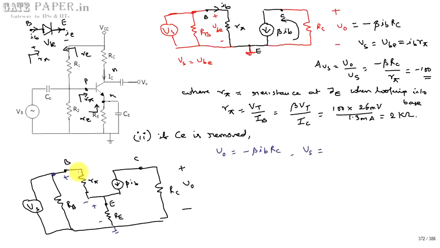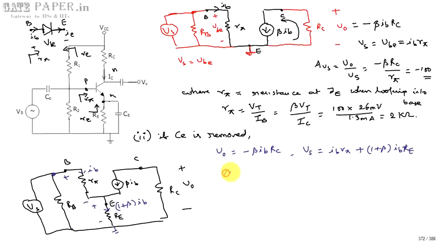The current through r_pi is IB, and the current through Re is IB plus beta IB, which is 1 plus beta times IB. So Vs can be written as IB into r_pi plus 1 plus beta times IB into Re.